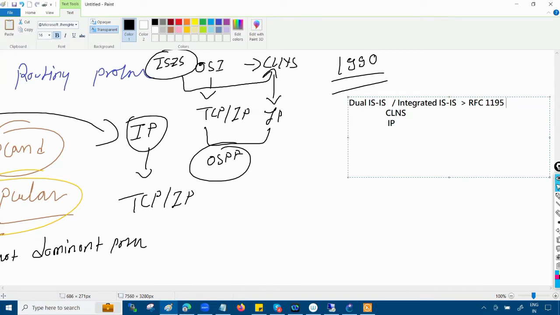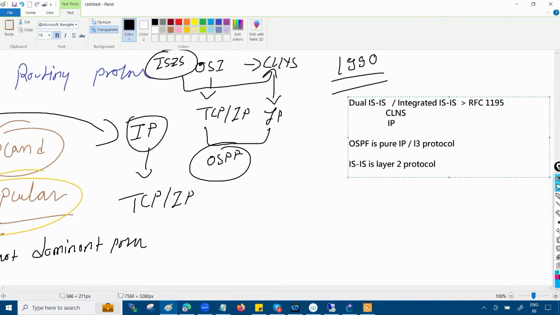Now it has become the de facto protocol in company networks, the tier 1 and tier 2 networks, because of its features. Another beauty of this feature, if you compare with OSPF: OSPF is a pure IP, or layer 3, protocol, but ISIS is a layer 2 protocol.